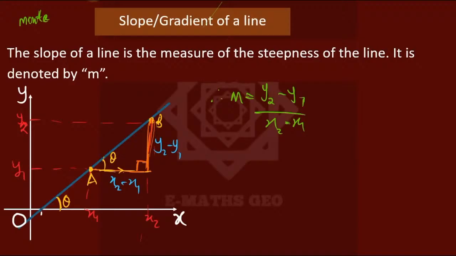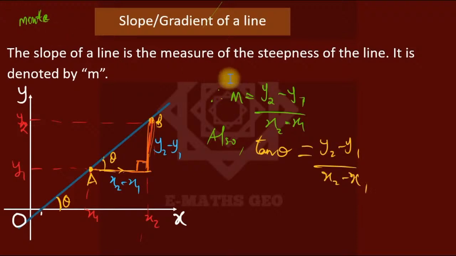By trigonometry, tan theta is opposite, which is y2 minus y1, over adjacent, which is x2 minus x1. So what do you observe? m is the change, that's (y2 minus y1) over (x2 minus x1), and tan theta is the same. This implies that the slope, or the gradient, remember the other name is gradient, is also the tan of the angle made by the line with the x-axis.